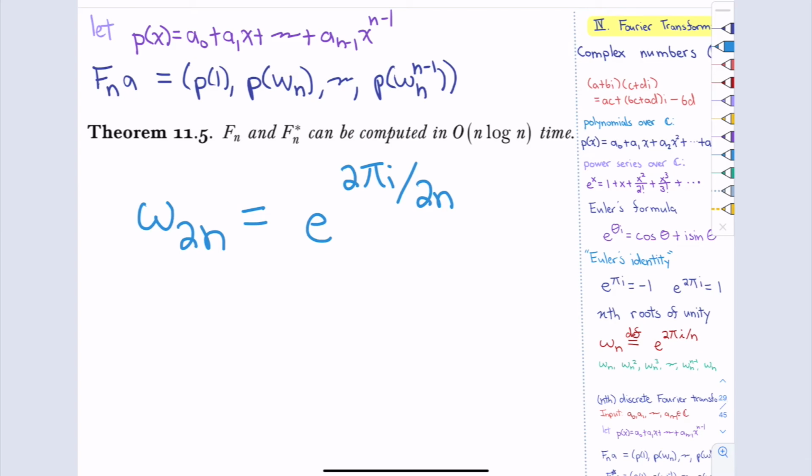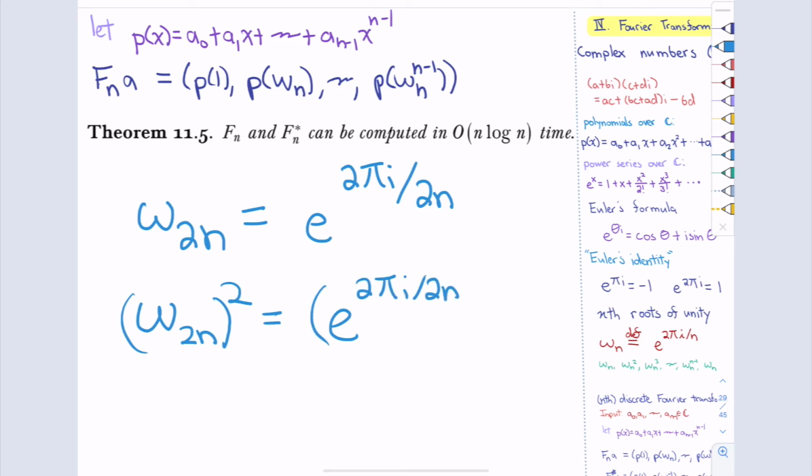But if I look now at omega 2n squared, I'm just squaring, and I can cancel out a pair of 2's.